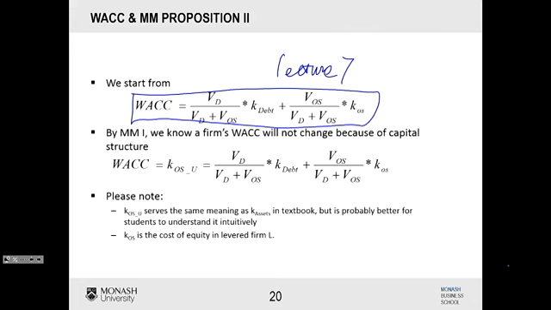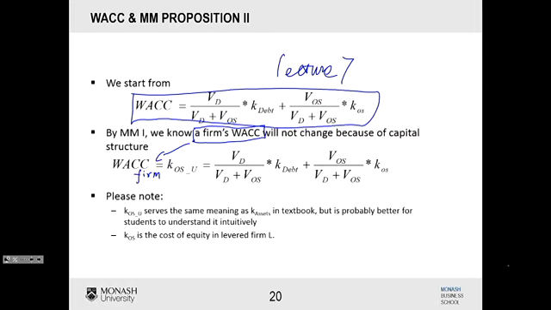Then, by the Modigliani-Miller theory proposition 1, we know that the weighted average cost of capital for the firm is equal to kappa OS, ordinary share, underscore U, unlevered firm.